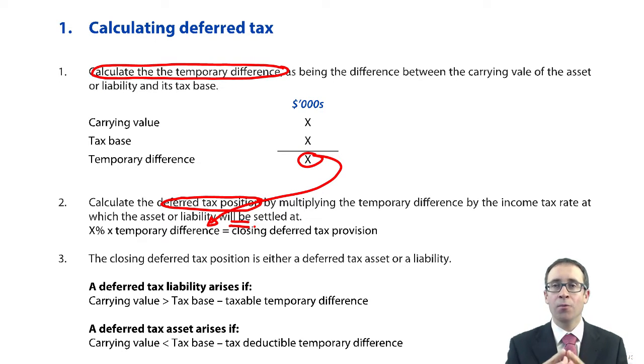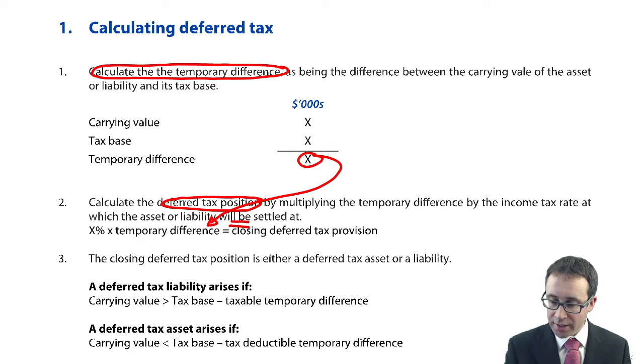Okay, so we know what the tax rate is this year. If we're going to settle the liability next year, we will apply next year's tax rate, assuming that that has been passed as a tax law previously. Okay, if not, then we just use our current rate of tax.